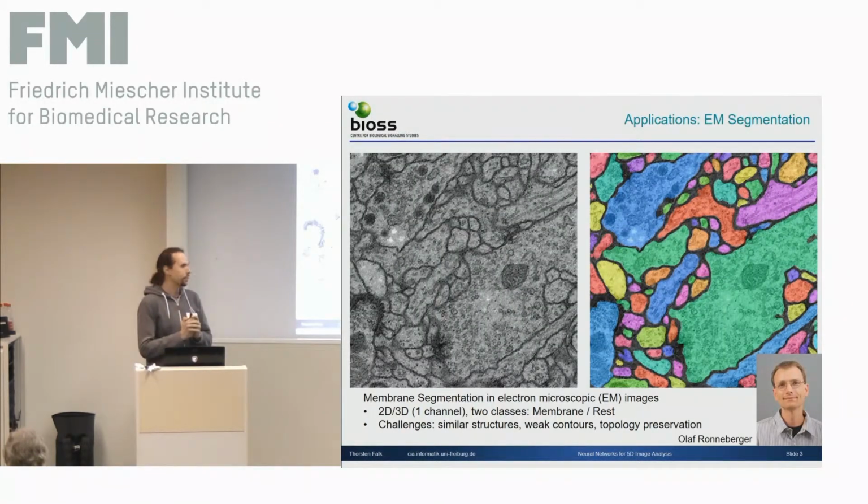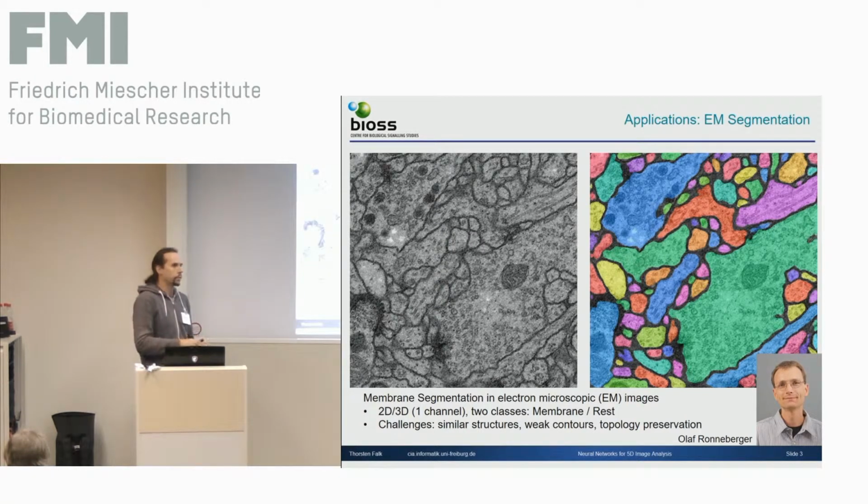Good. You already saw a similar image. That's from the EM segmentation challenge, which was set up by Ignacio. And we took part in this challenge in 2015 and were quite good then. Actually, there are some new results that are a little better now, but we're still in the top 10. That's mainly the raw images, and that is the segmentation we get. So in one image, it looks quite good.